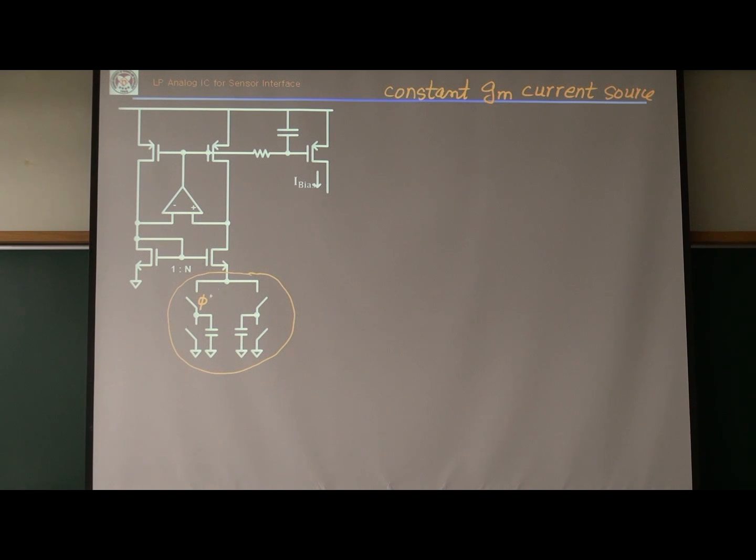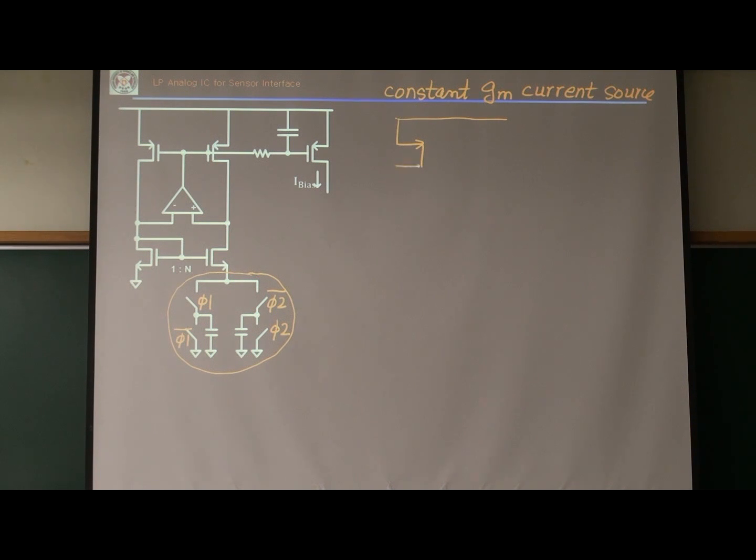If this is phi 1, now this is phi 1 inverse, this is phi 2 inverse, and this is phi 2. A switched capacitor is a resistor on a macroscopic time scale. So let's redraw this circuit.